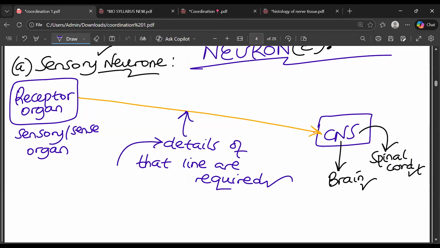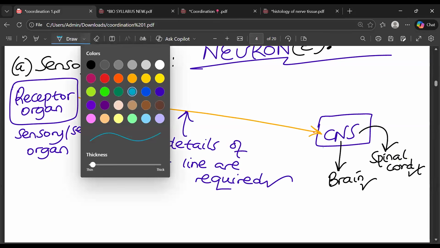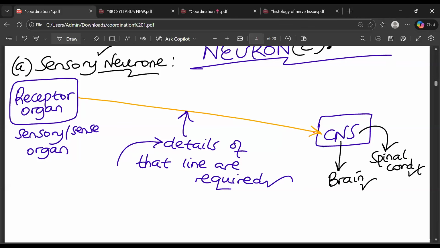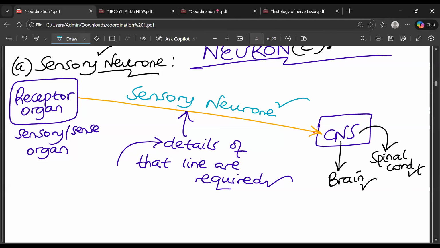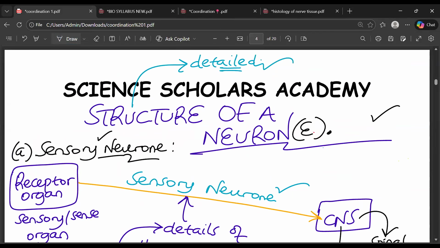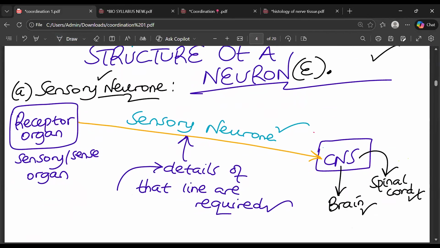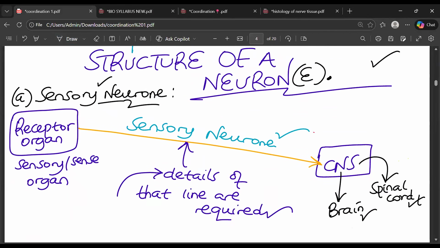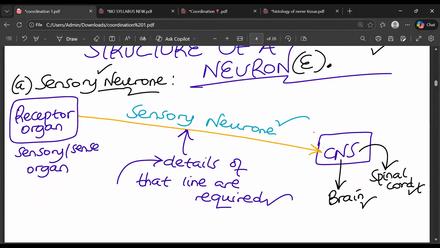Because you all know that's the sensory neuron. So the details of that coloring, because you want the structure. I can even make it clearer and say detailed structure. If we get the details of that coloring, the sensory neuron, that's what we want.